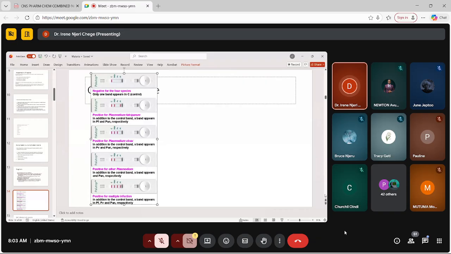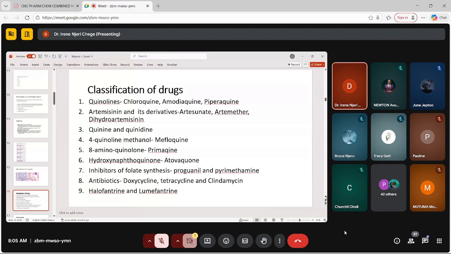Now, I want us to divide our drugs. Our drugs are many. So we can have drugs that act in the erythrocytic stage, drugs that act in the hepatic stage, drugs that act in the gametocytic stage. Okay?